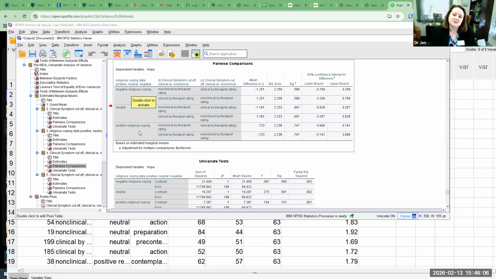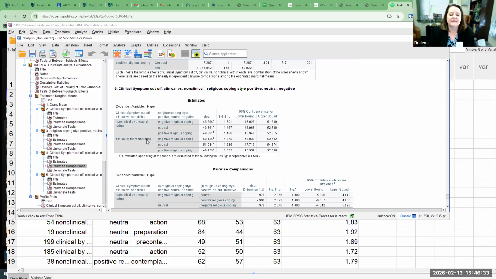And then the people in the positive religious coping group, non-clinical to clinical, and that's their number. Again, nothing is significant, but if we had a significant interaction F test, then we would be going, okay, which one? Where is it? So this is one direction, where you first cluster by one IV and then compare on the other IV levels.